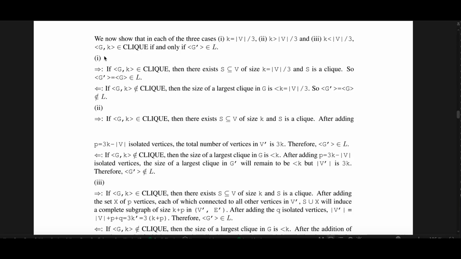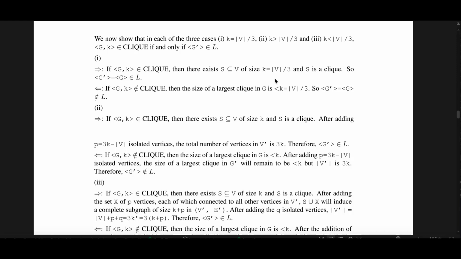The pair G, k belongs to clique if and only if the graph G plus belongs to L. The first one is that if the pair G, k belongs to clique, then there exists S belonging to V of size k equals the number of vertices over 3, and S is a clique.